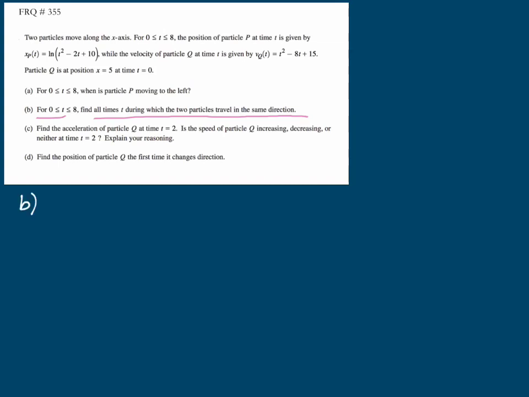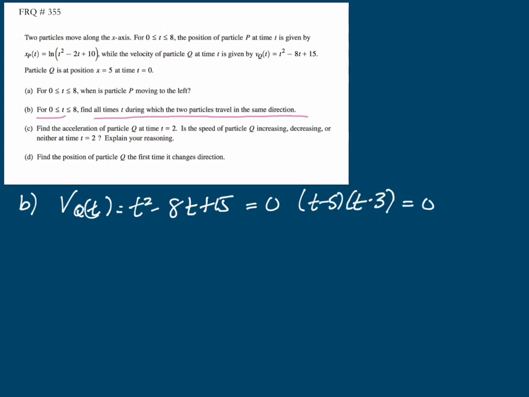We would say vQ of t is equal to t squared minus 8t plus 15, and we set that equal to 0. We factor it into t minus 5 and t minus 3 equals 0. So we have a 3 and a 5 on this sign chart. It goes to 8 and starts at 0.